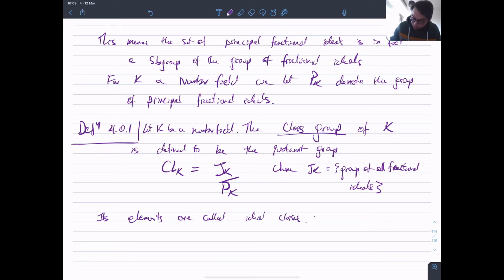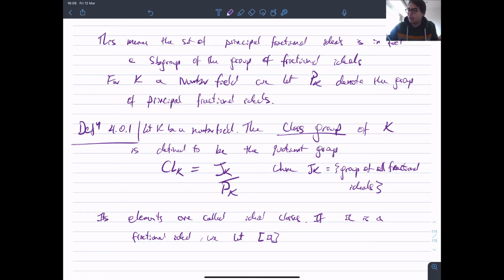And I'm going to give you some notation. If A is a fractional ideal, I'm going to put square brackets around it to denote its class inside of this class group. So this is some ideal, and I think of the quotient up to principal ideals.